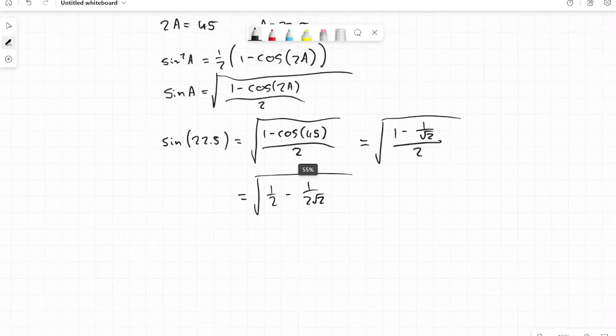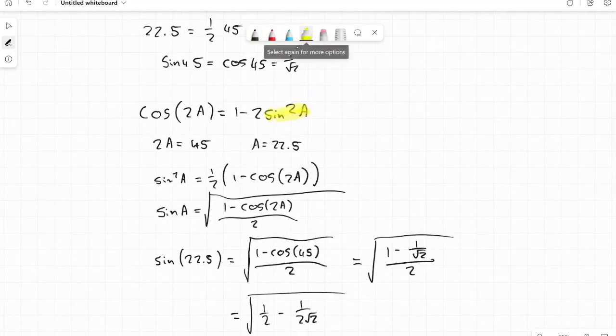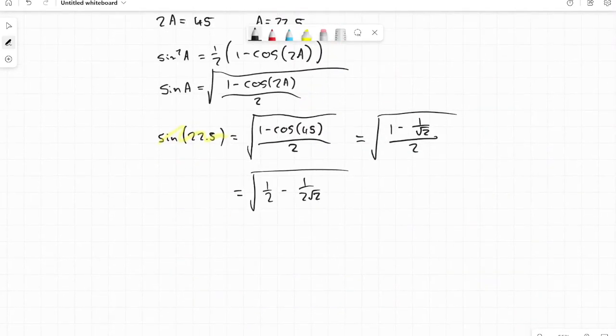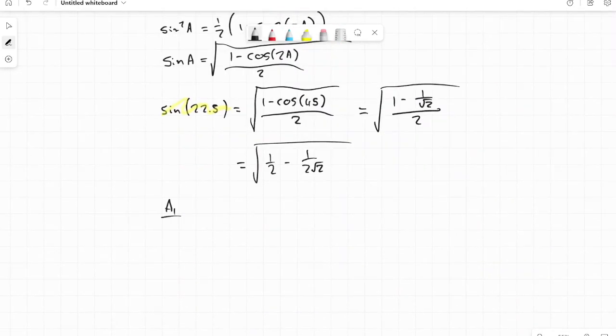Okay, so let's wrap everything up and we'll put this sine 22.5 into what we just found before. So we've got a1 over a0 equals (1 minus square root of (1/2 minus 1 over 2 square root 2)) over (1 plus square root of (1/2 plus 1 over 2 square root 2)).